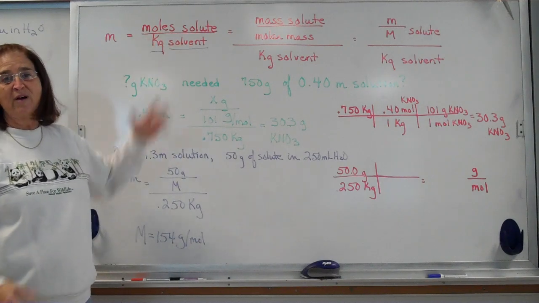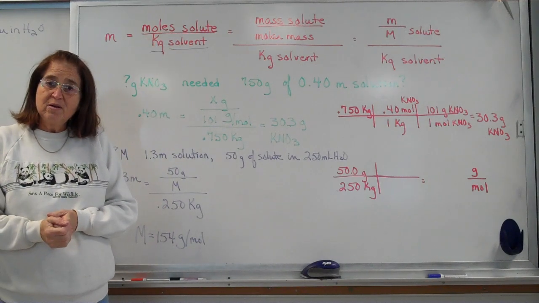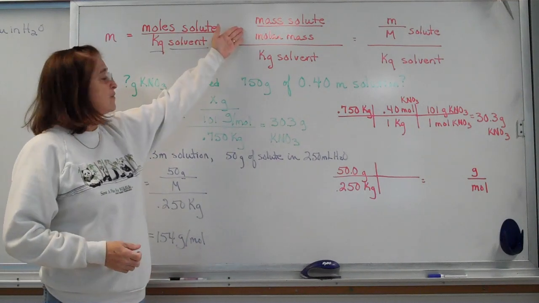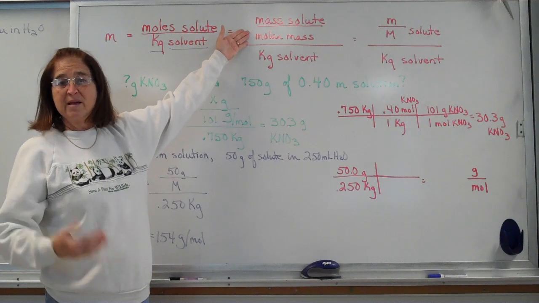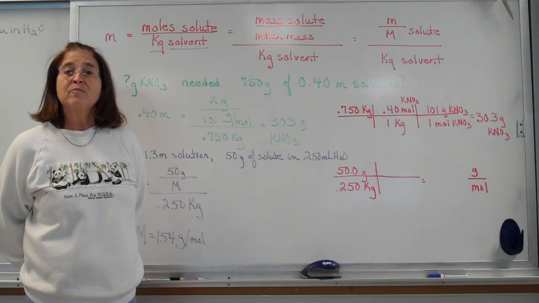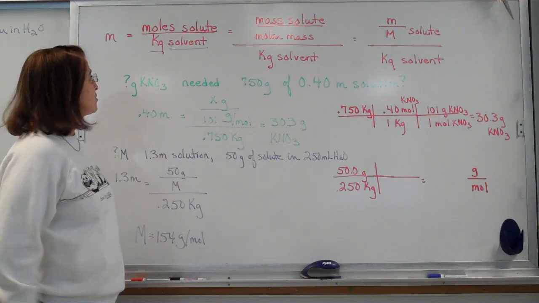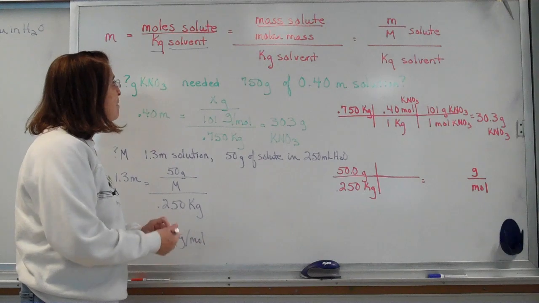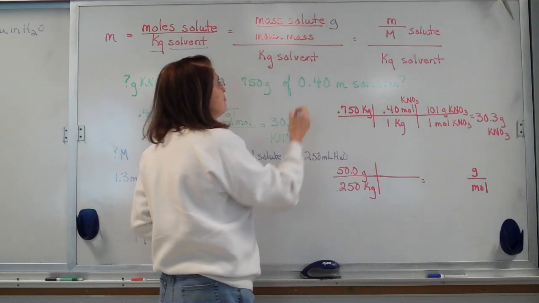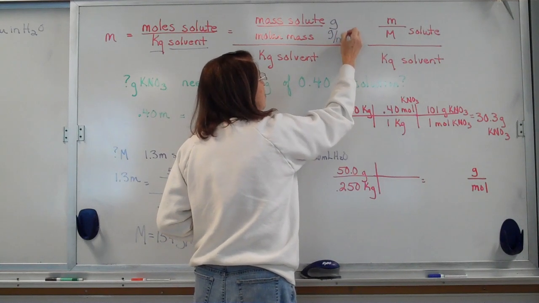Well, we could expand this. If we were wanting to find moles, we know how we would calculate moles. We would take the mass of our substance and simply divide it by its molar mass. That would tell me the moles of solute. Remember that mass is in units of grams and molar mass is in units of grams per mole.